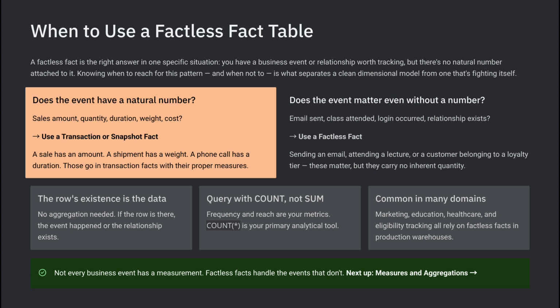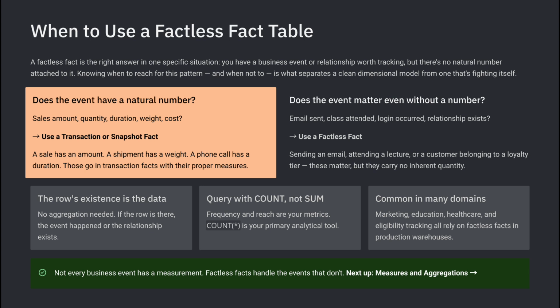You need a transaction fact or a snapshot fact with the proper measures captured. The second question on the right: does the event matter even without a number? Email sent, class attended, login occurred, a relationship that exists? If yes, then a factless fact is the right answer. The existence of the row is the data.